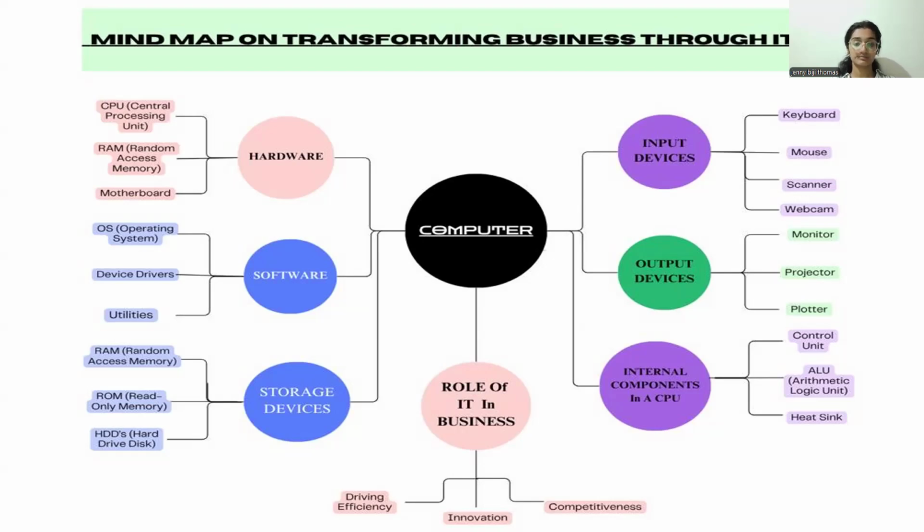Output devices give us results from the computer. Examples include monitor, plotter, projector. Let us know in detail about these. Computer monitor is an essential output device that displays information from a computer, allowing users to interact with their computer's data and applications.